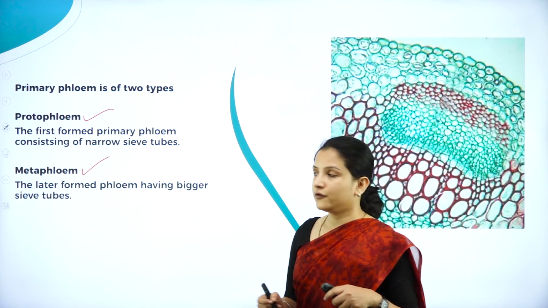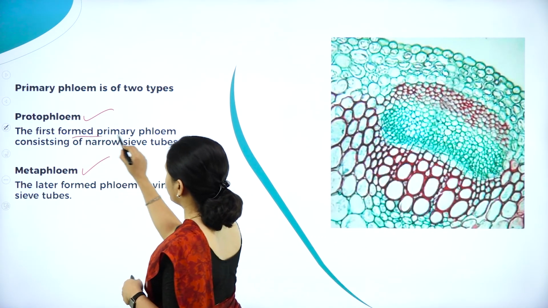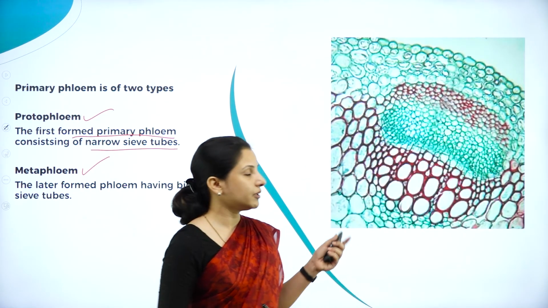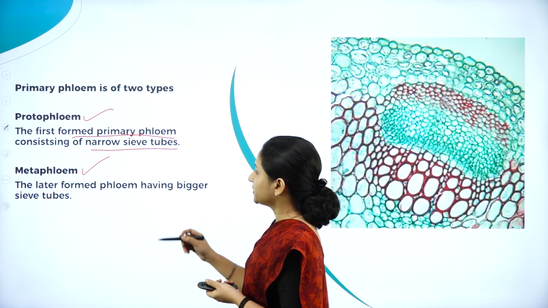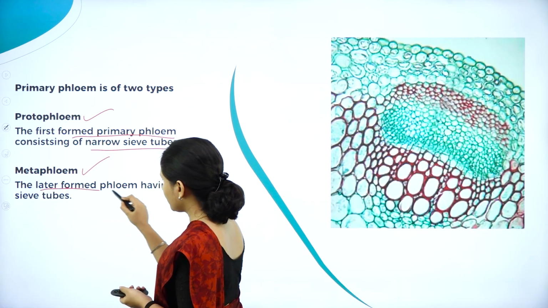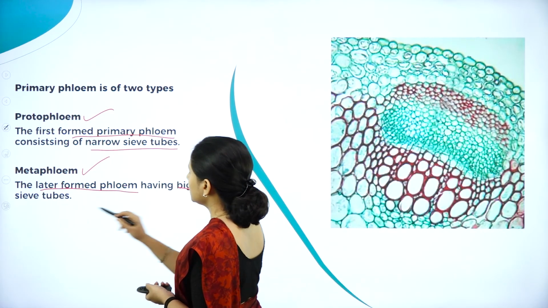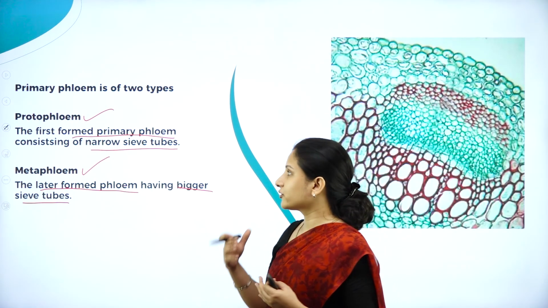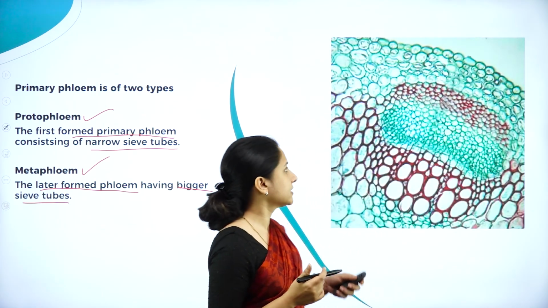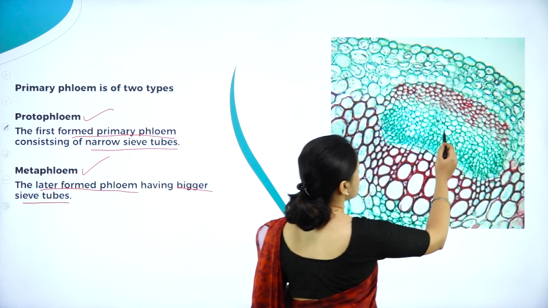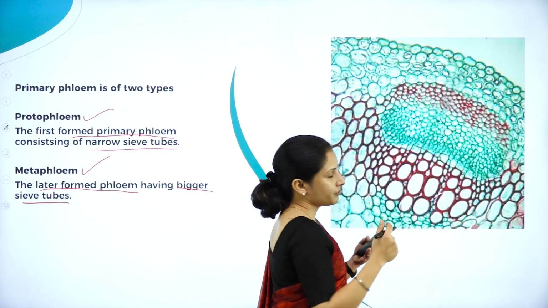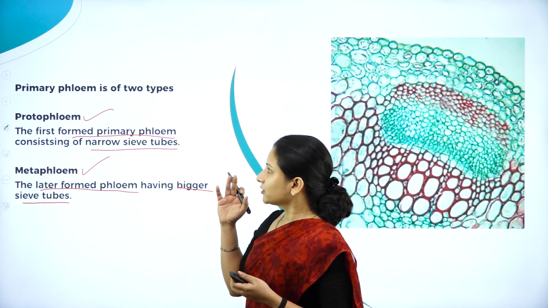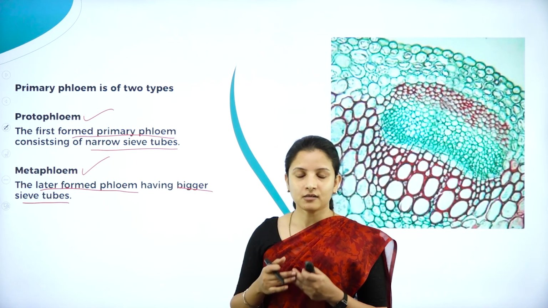The protophloem is the first formed primary phloem and consists of narrow sieve tubes, and the metaphloem is the later formed phloem and has bigger sieve tubes. That is why they appear bigger in size when compared to the protophloem. So you can see the protophloem is usually smaller, and the metaphloem is usually bigger. So this is about the protophloem and the metaphloem.